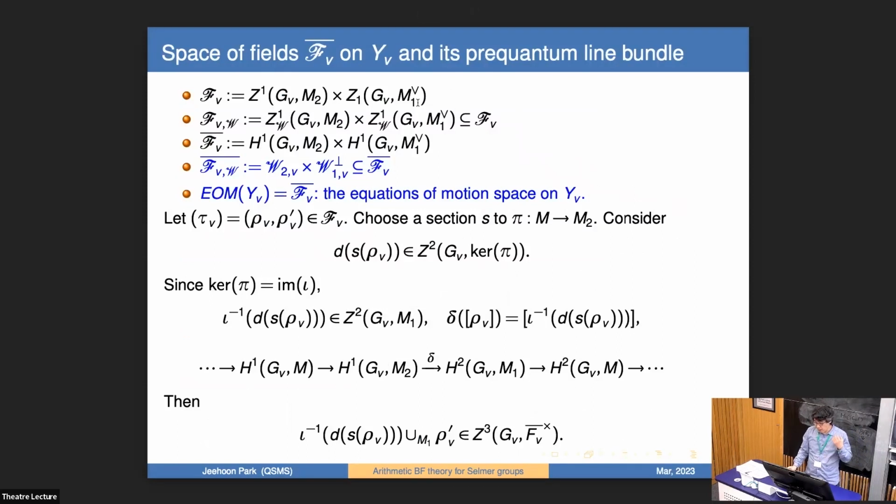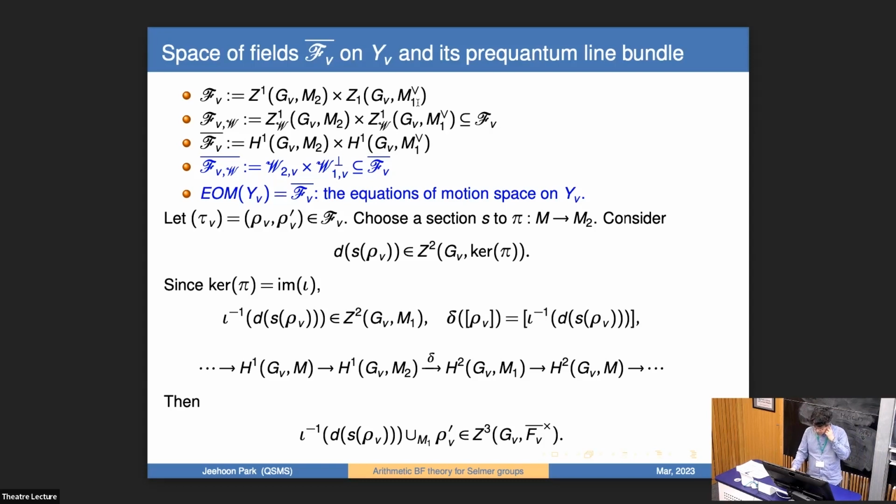And then you apply the inhomogeneous differential in group coordinates. And then you see that it actually belongs to the kernel of pi, which is the image of iota. So you can take the iota inverse. And that will be an element in Z2. This is exactly just the Bockstein map. You have an exact sequence, and then there's a long exact sequence, right? And this is how to construct that Bockstein map. But I'm giving you everything at the chain level.